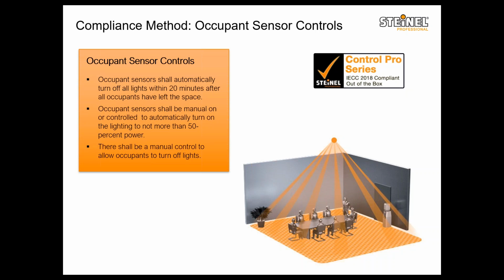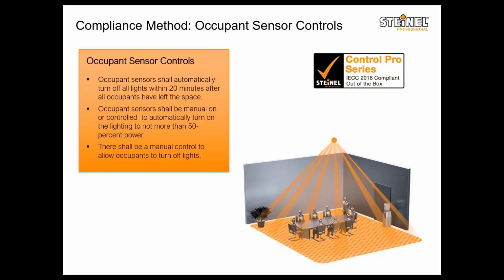Then the other two requirements have stayed the same, which is, in the areas that fall under this requirement, like classrooms, conference halls, offices, etc., occupant sensors shall be manual on or controlled to automatically turn on lighting to not more than 50% power.